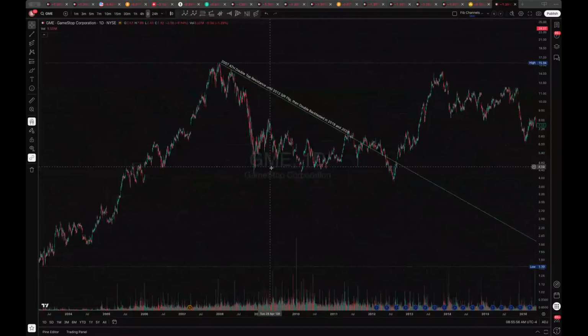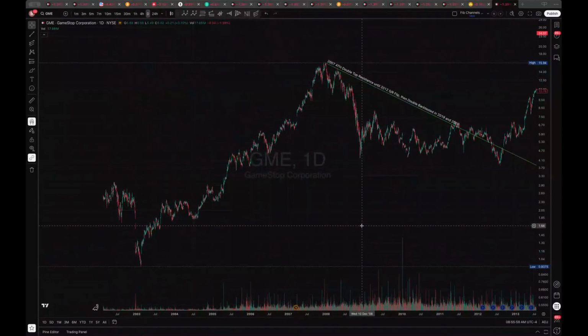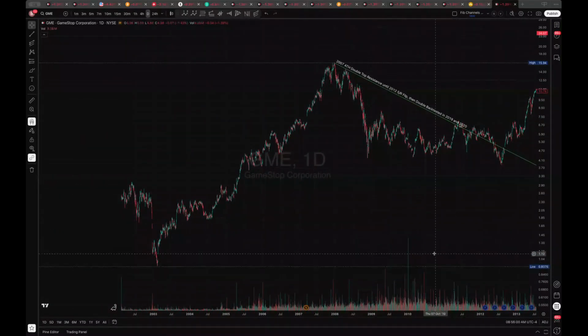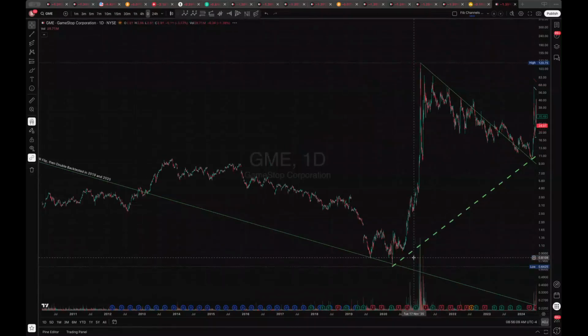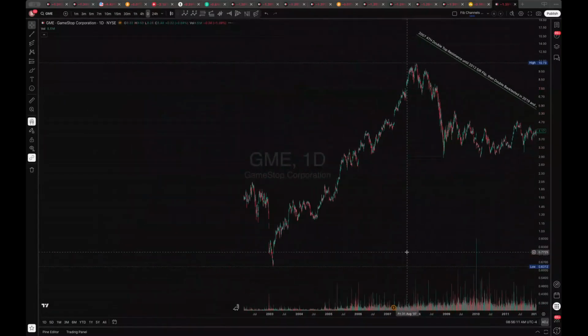The first thing, and importantly, is that this chart is not adjusted for dividends. So the low here in 2023 shows up at 93 cents. If I adjust for dividends, the low in 2023 shows up at 63 cents.